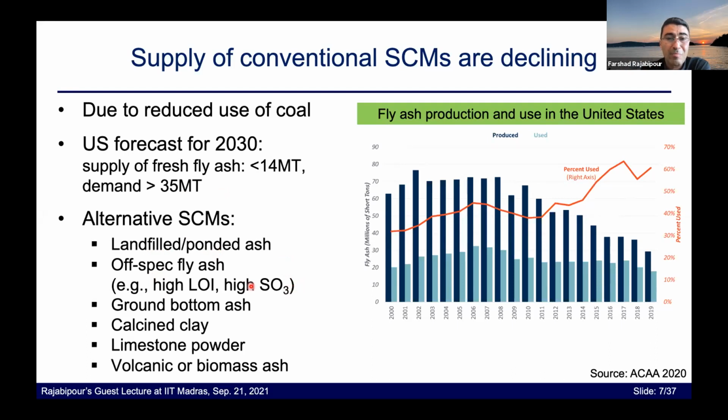I'll talk a lot about the high SO3 in these two types of fly ashes, the fresh off-spec ash as well as the harvested ash. Other types of materials such as ground bottom ash, calcined clay, limestone powder, volcanic biomass ash, things that Professor Chansoli mentioned as part of the mission of the Center of Excellence at IIT.